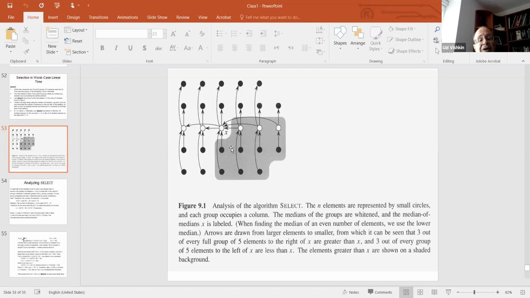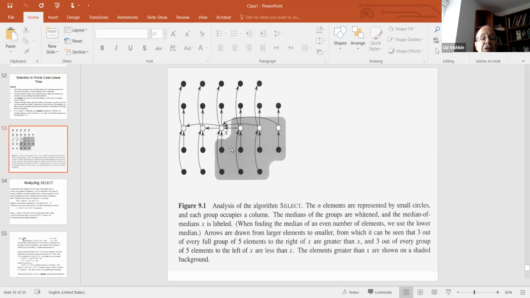So once we rank it, we complete it exactly as before, by taking our i and asking, is i larger, equal, or smaller than the rank of X? And based on that, we split and continue.